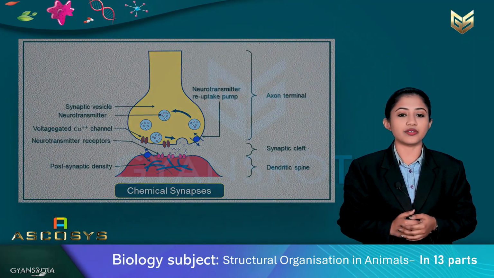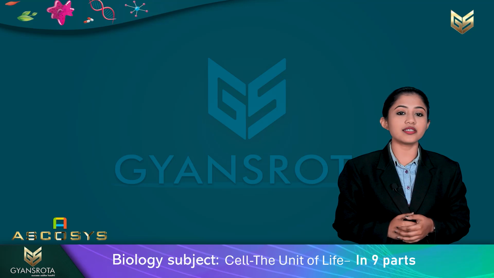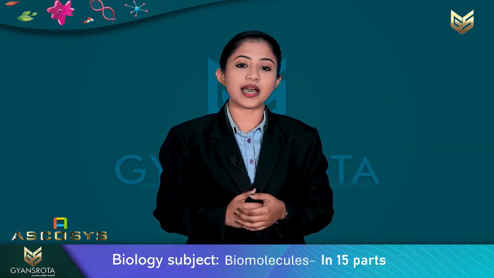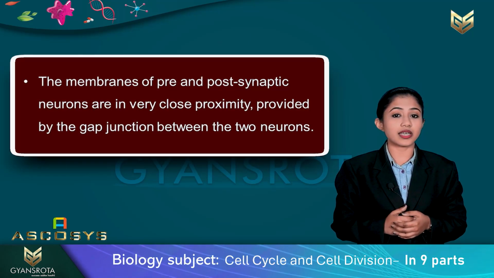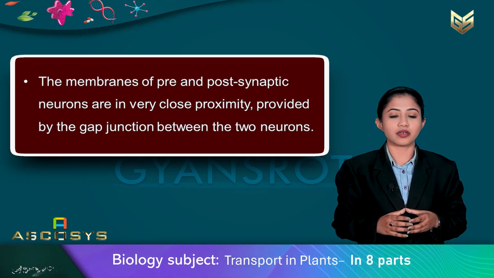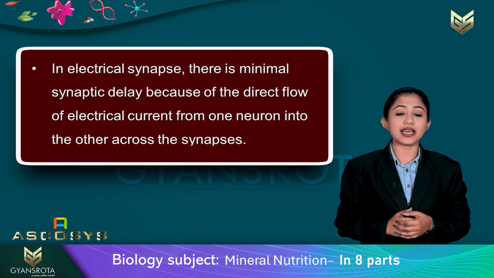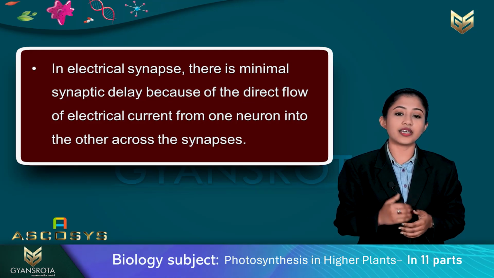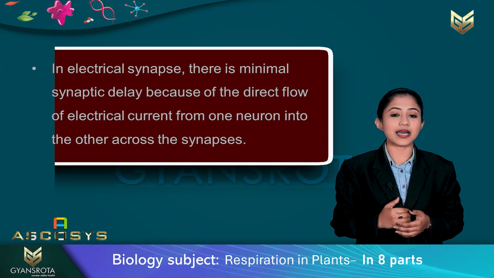There are mainly two types of synapses, called electrical synapse and chemical synapse. In the electrical synapse, the membranes of the pre and postsynaptic neurons are in very close proximity, provided by the gap junction between the two neurons, and in an electrical synapse there is a minimal synaptic delay because of the direct flow of the electrical current from one neuron into the other across the synapse.